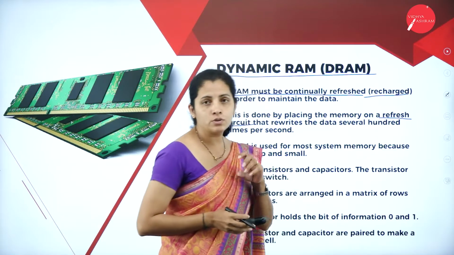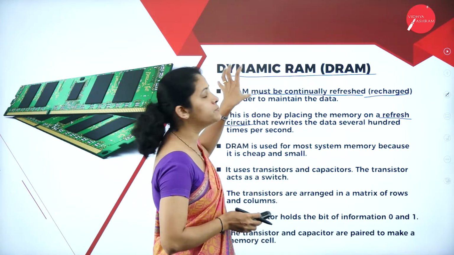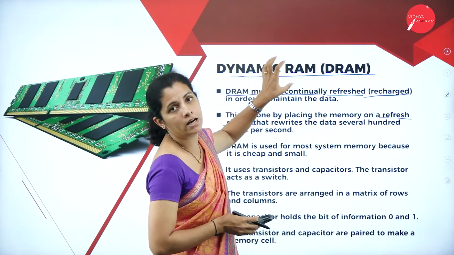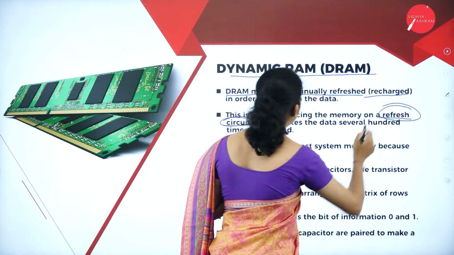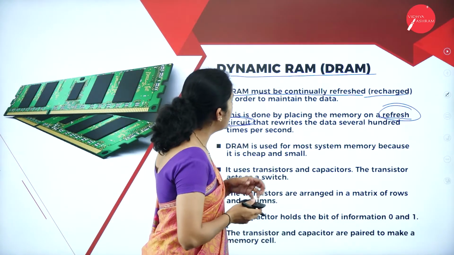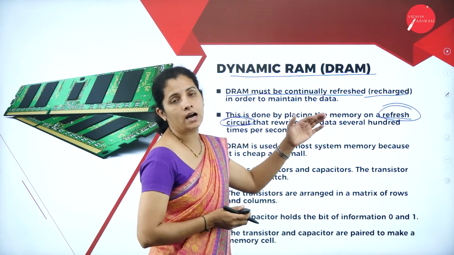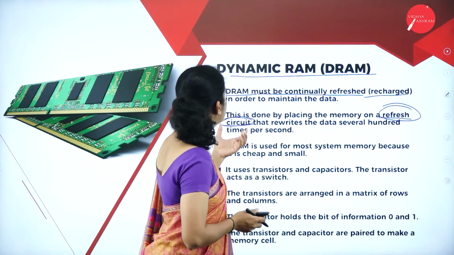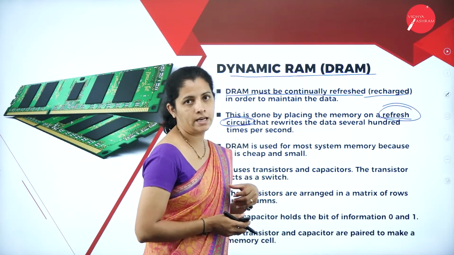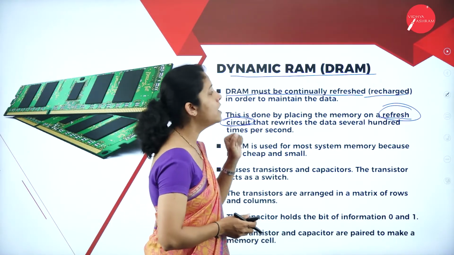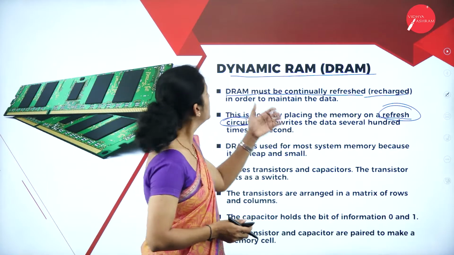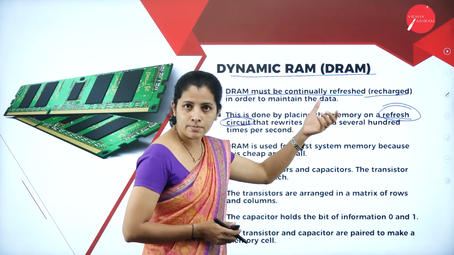That means if I want to refresh my dynamic random access memory, then I'm going to have a refreshment circuit that rewrites the data several hundred times per second. That means in order to maintain the data constantly, I'm going to refresh the dynamic random access memory.